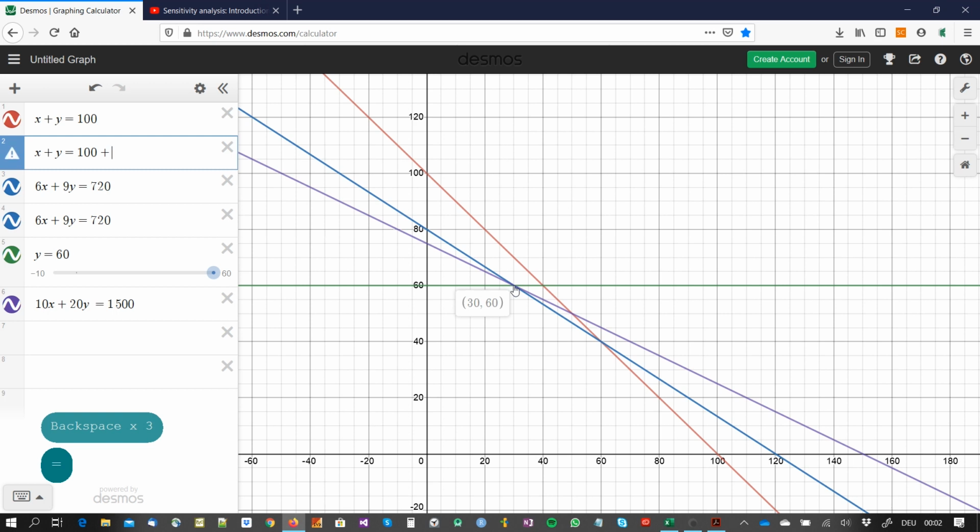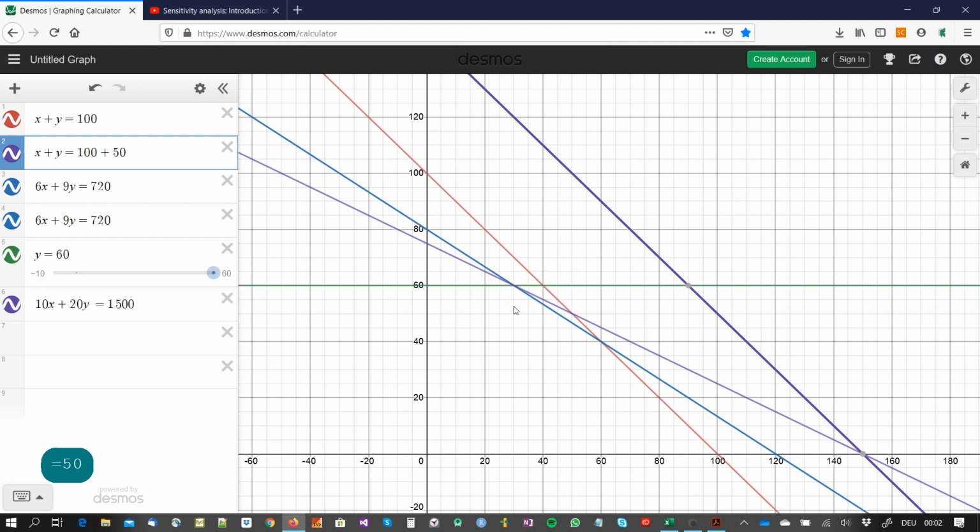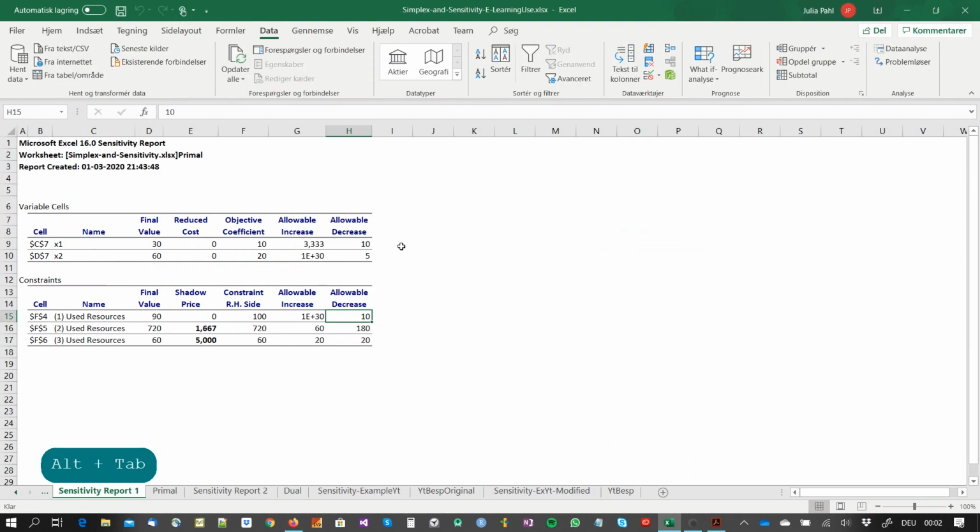For a value that is higher, we see that this constraint is repositioned to the outer space, meaning that it does not pertain to the optimal solution, and that means that we can increase this capacity as much as we like. It would not change anything to the basic feasible solution.